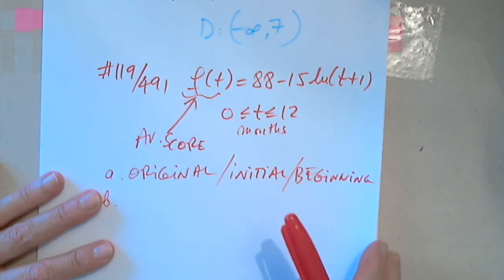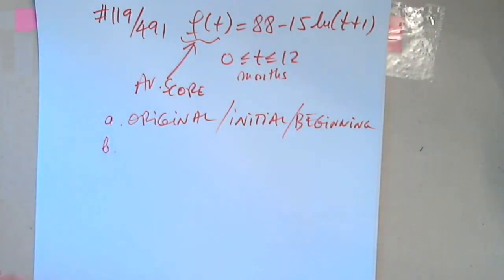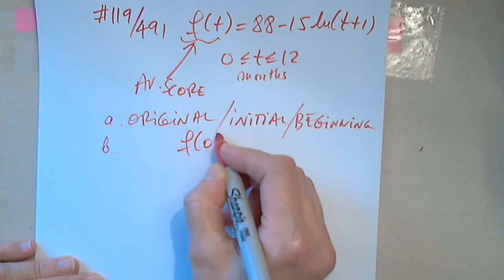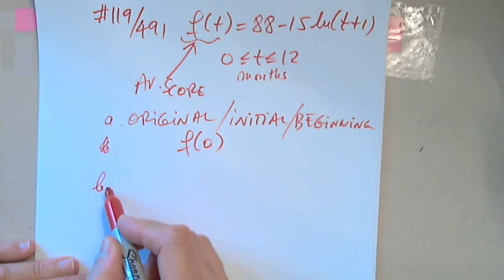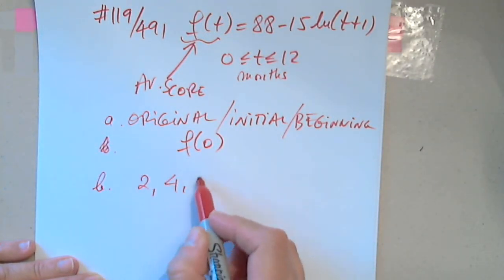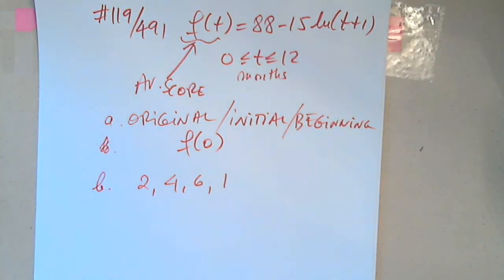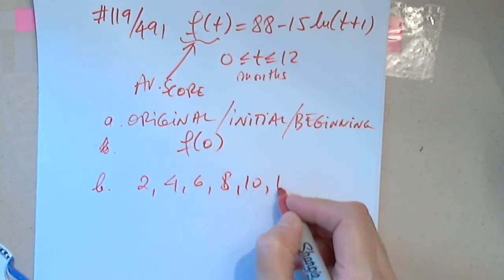Yeah. Exactly. So every time we talk about original, initial, beginning, we are asked to find f of 0. Then they want up to 2 months, up to 4 months, 6 months. Is 8 in there too? Yeah, 8, 10, and 12.